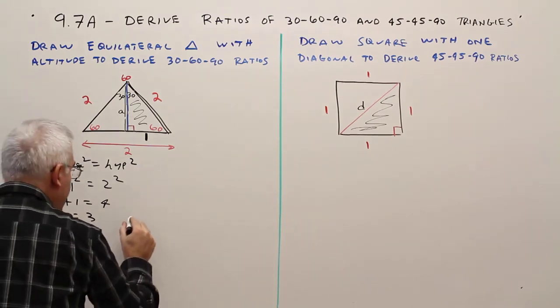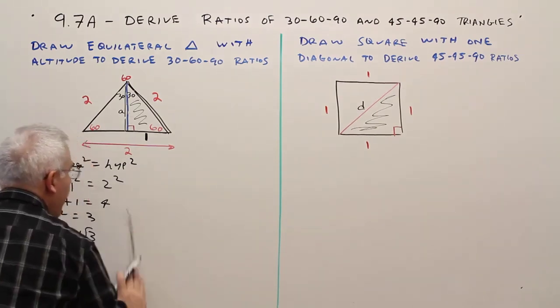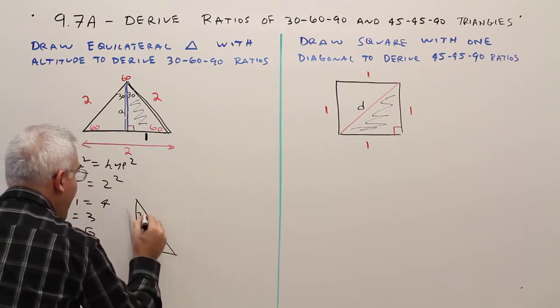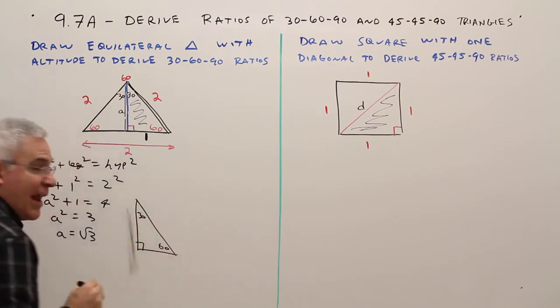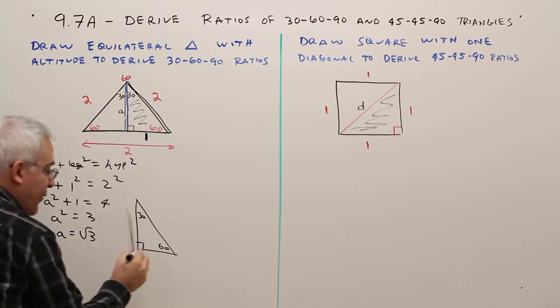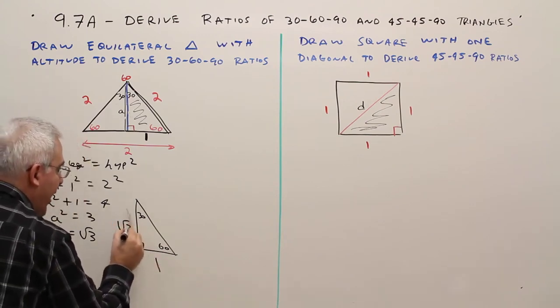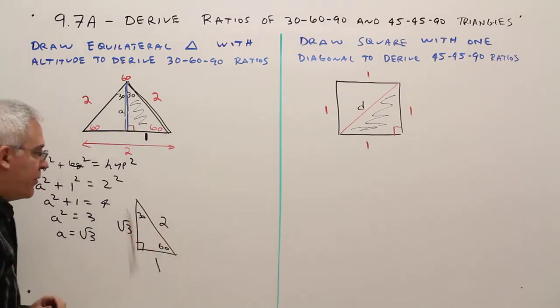So from now on, I'll just draw it a little bit bigger. Whenever I have a 30, 60, 90 right triangle, the ratios are always 1, radical 3, and 2.